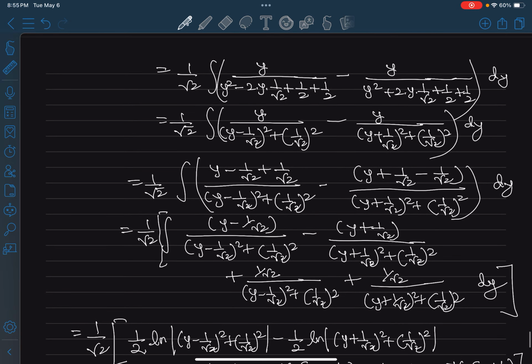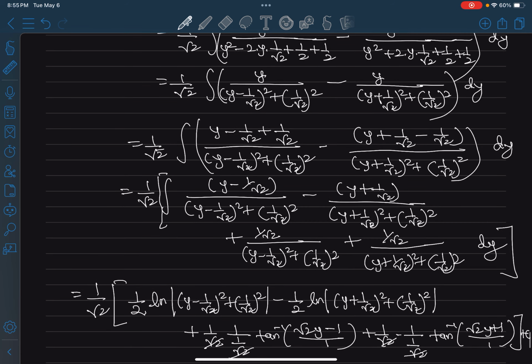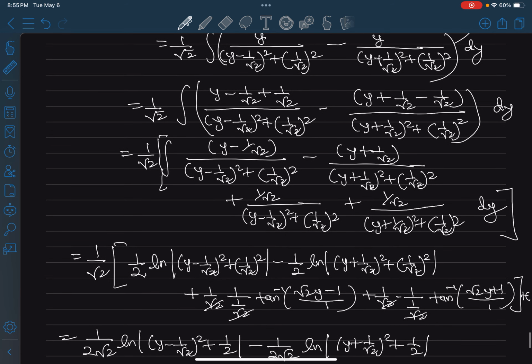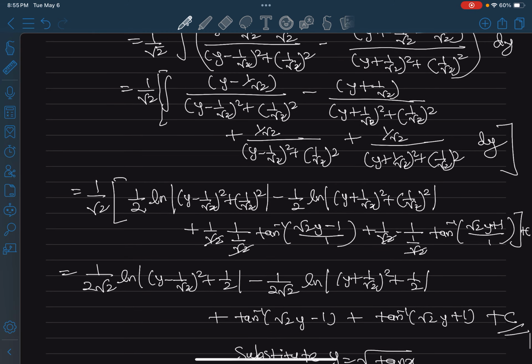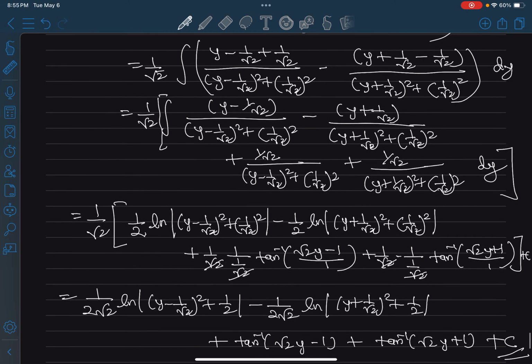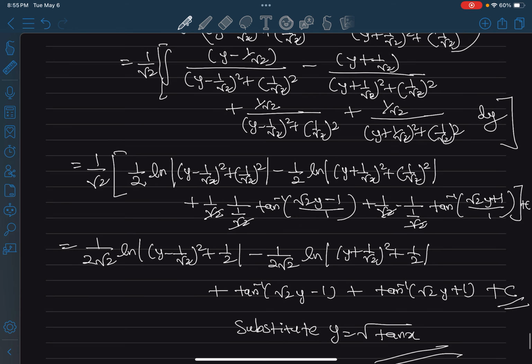And then we completed the square. And then we made some changes in the numerator so as to simplify the integral, so as to make the integral solvable, right? And then it was just some well-known integrals. And that solved the problem, right?